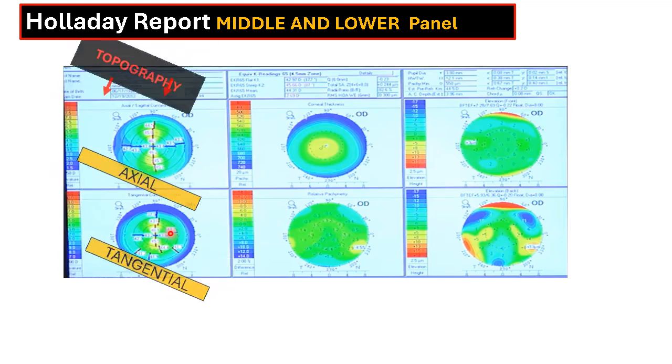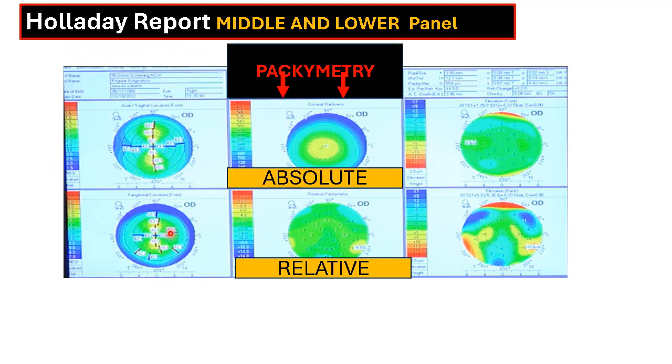The other section of the report is the pachymetry map, which is the absolute map, which shows the absolute values. And this is the relative pachymetry map. Now, what is the meaning of the relative pachymetry map? It shows the deviation of this map from the normal, how much reduction in percentage of the thickness. For example, there is a thickness decrease here by a certain value.